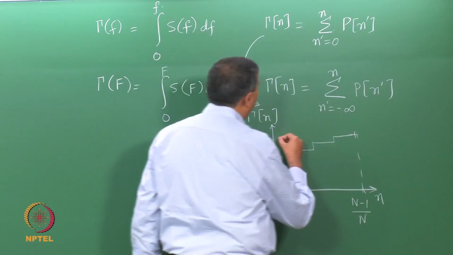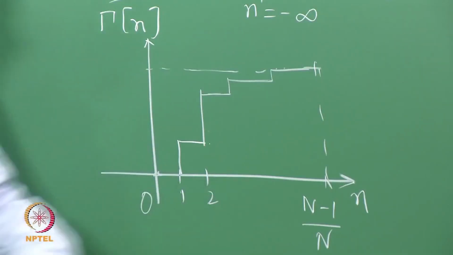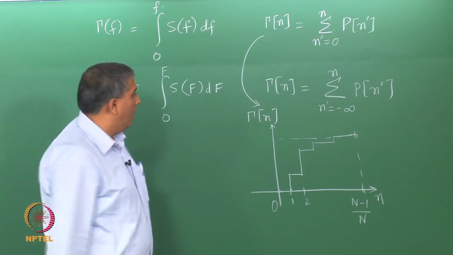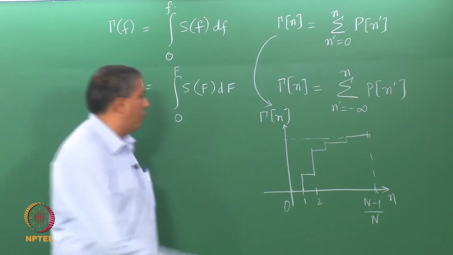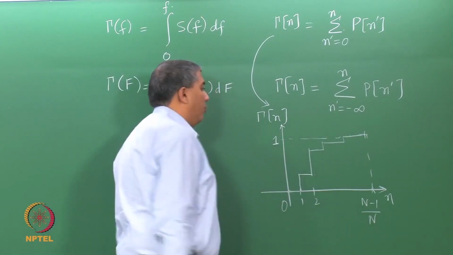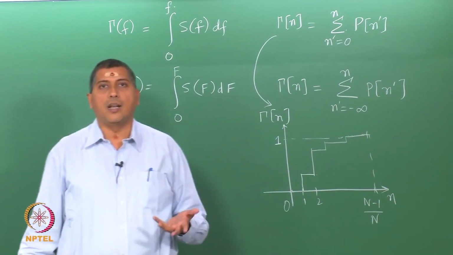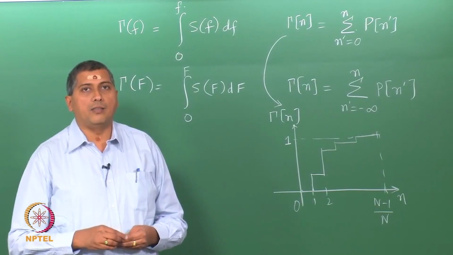So, the value here at n equals big N minus 1 by big N is nothing but the total power in the signal. Now, if I normalize the discrete time periodic signal to have unit power, then the value at this point will reach unity. Then we say that the signal has been normalized, and this is called the normalized spectral distribution.